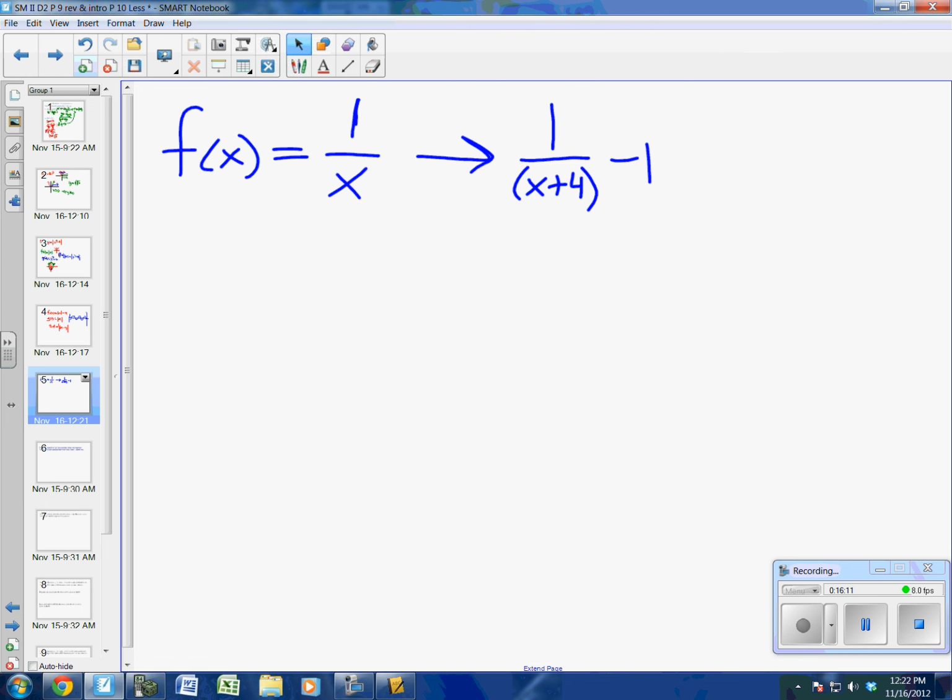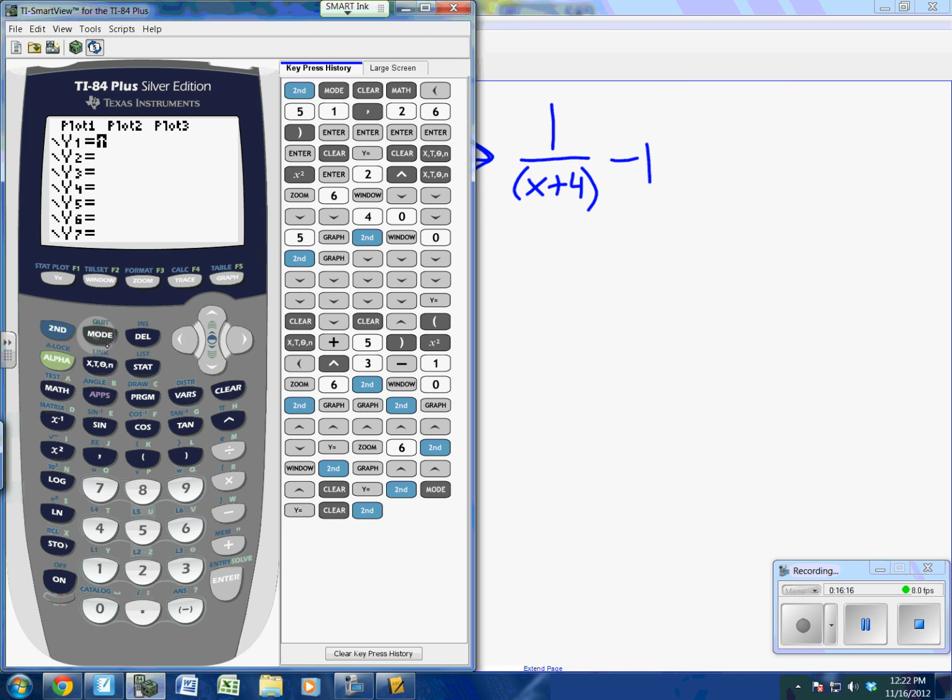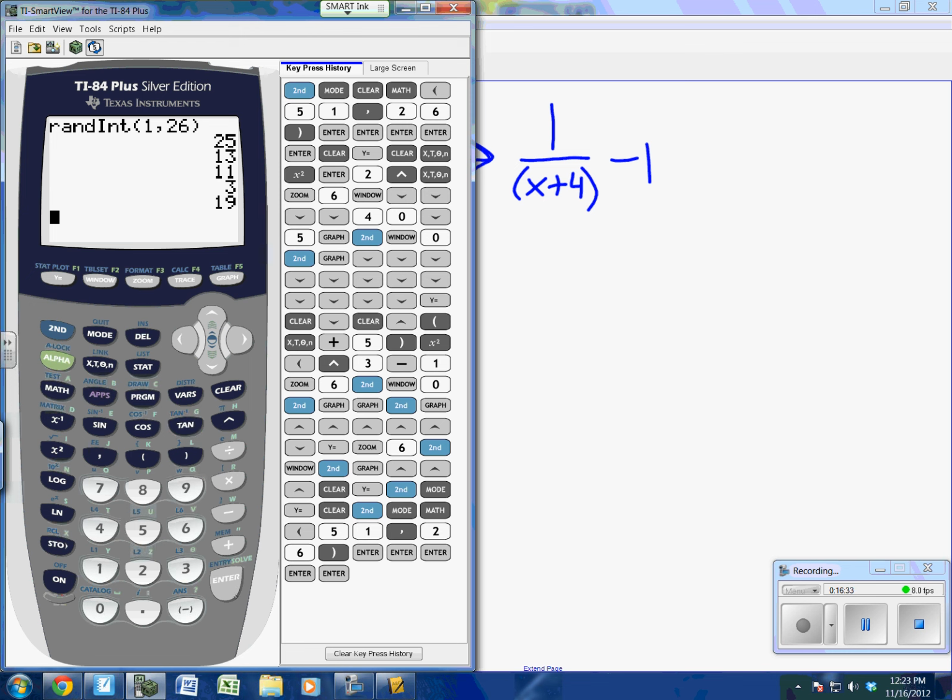Okay? All right, we're going to correct this. We are going to do the following problems. The 25th problem, the 13th problem, the 11th problem, the 3rd problem, and the 19th problem. So starting with number 3 on the front, we're going to do that one. Then we're going to do the 11th problem on the front.